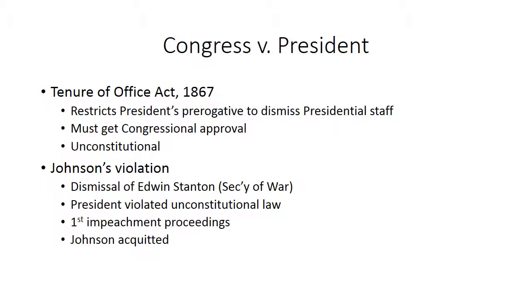He has to either violate statutory law, which means he breaks the law, normal law, or he has violated constitutional law, meaning he's violated the U.S. Constitution. Okay? They charge that Johnson has violated statutory law insofar as he's violated the Tenure of Office Act by removing Edwin Stanton without congressional approval. They will engage in impeachment proceedings.